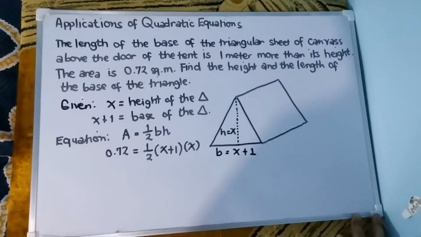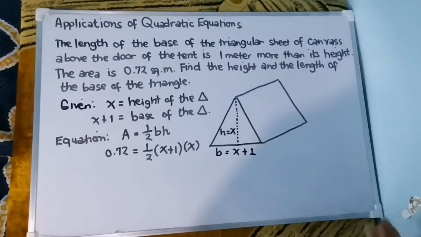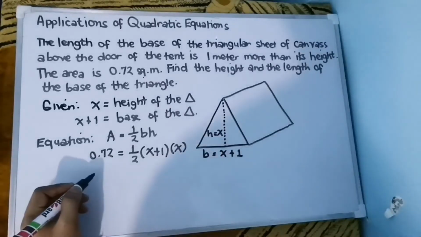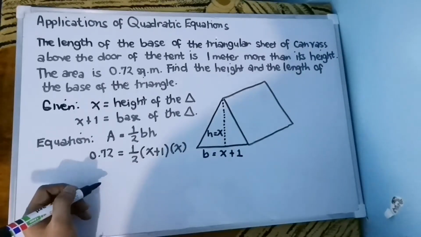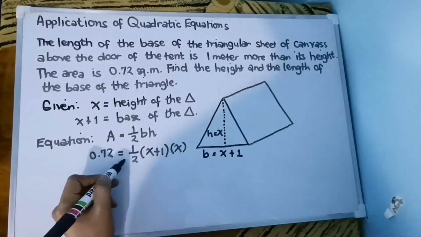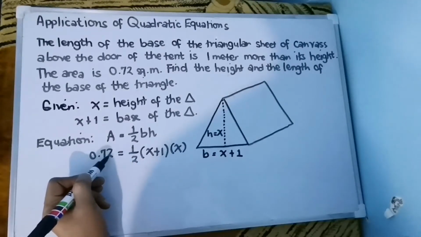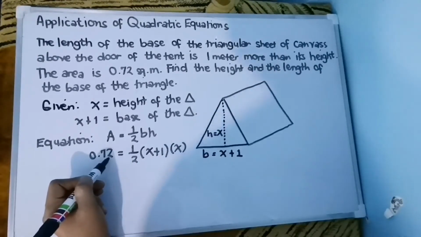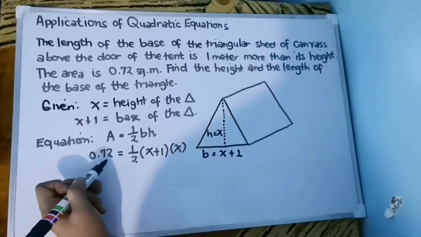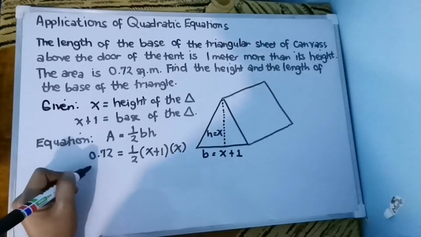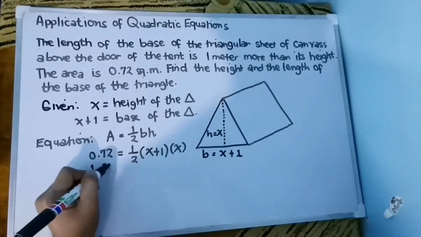Then, let us solve the equation. So let us multiply both side by 2. So i-multiply natin yung 2 dito sa 0.72. So it will become, so that is 0.72 times 2, that is 1.44.